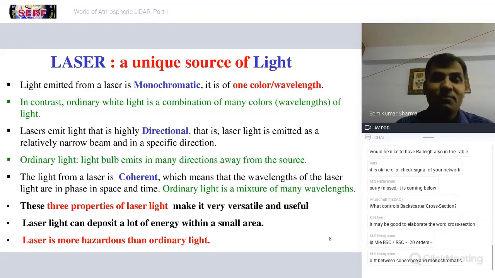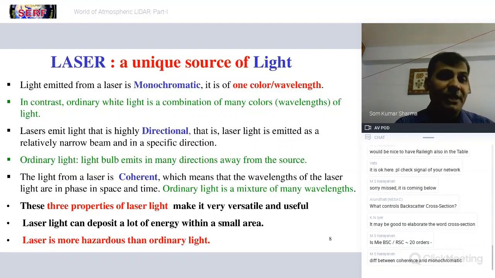But of course, when there are profits, there are some losses, or you can say one has to be very careful about using the laser. If you read the last line here, written on the left, laser is more hazardous than ordinary light. So you have to use this very good, unique light source very carefully, because it is more hazardous and sometimes life threatening.